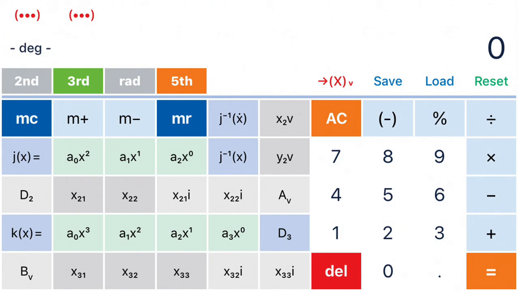So let's say, for example, that I evaluated number 5 using the evaluator, and I have the answer 14. If I press the first inverse, I go back to the 5 that I entered to get the 14.